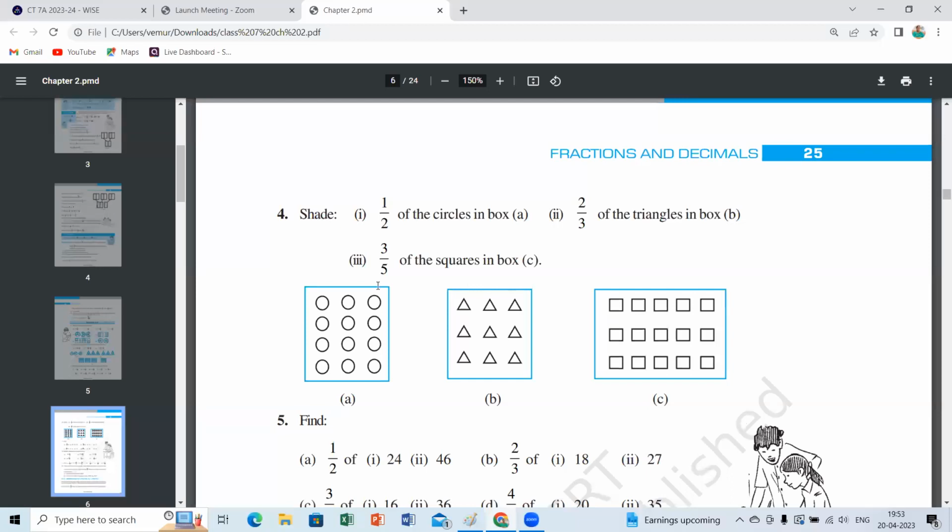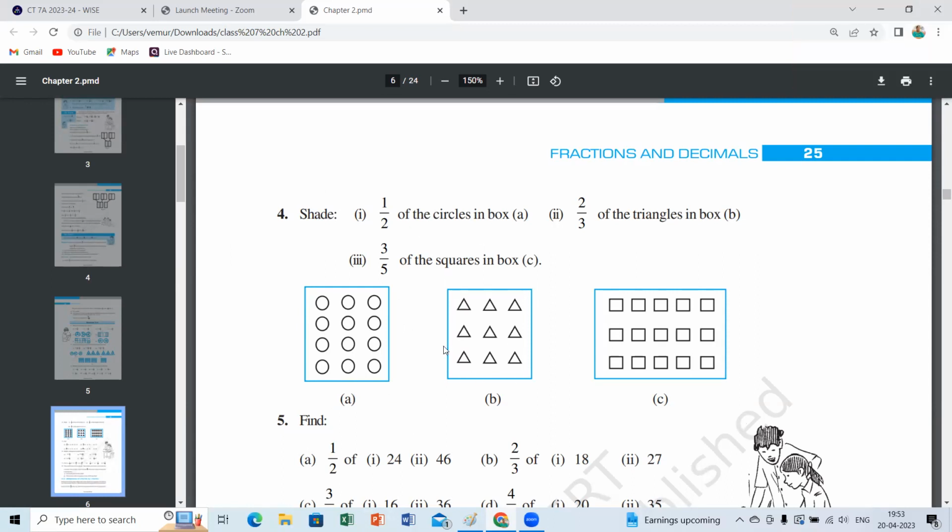This is also an activity you can do. You have to draw the boxes and shade half of the circles. Half of the circles means how many should you shade? Ma'am, 6.